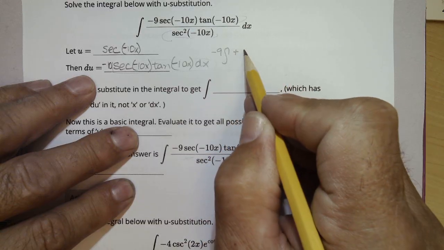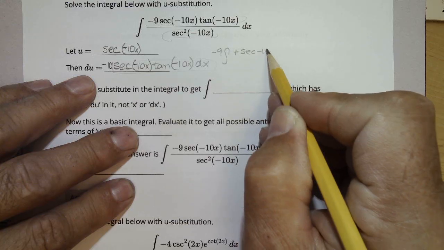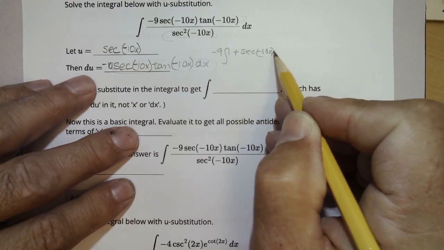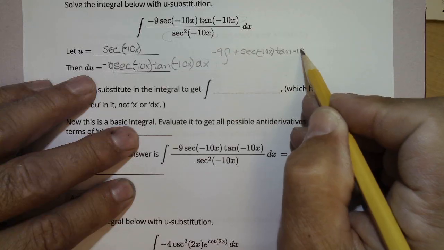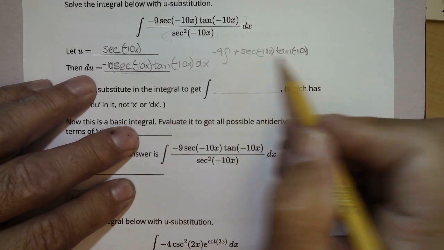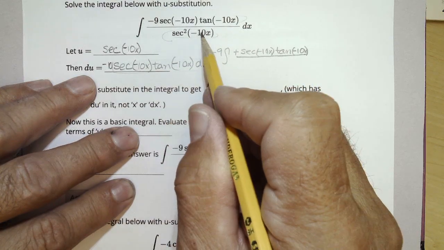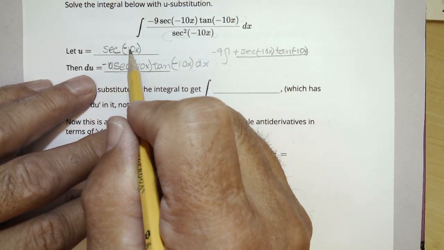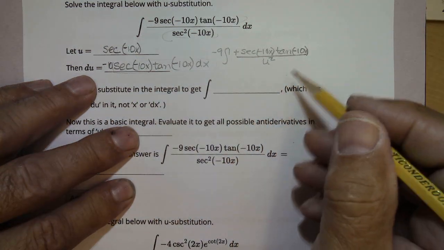And then there'd be secant negative 10x, tangent negative 10x, and that would be over secant squared of negative 10x, but that's what u is, so it'd be u squared.